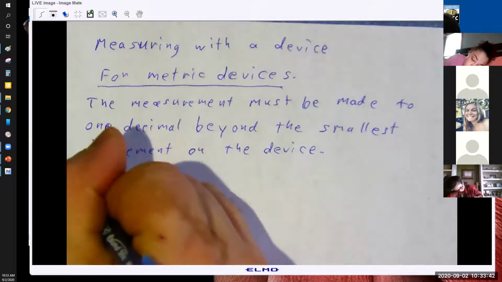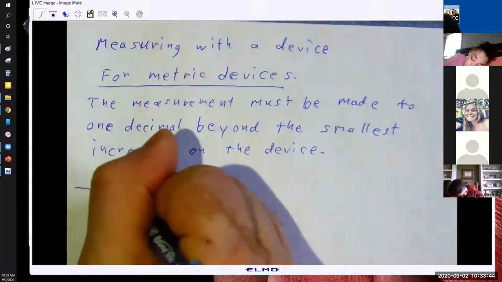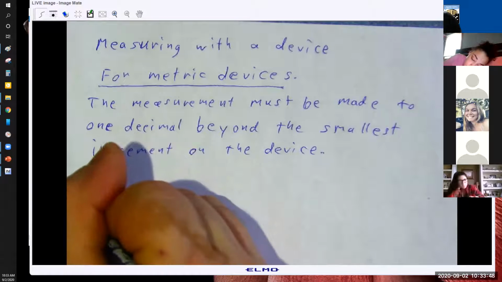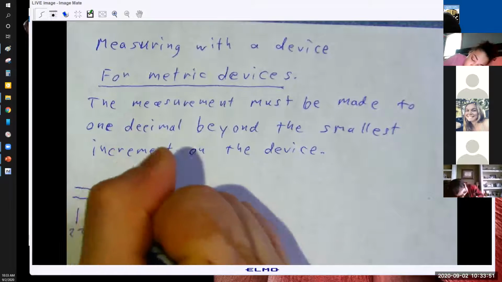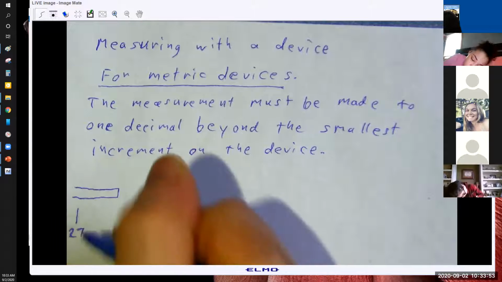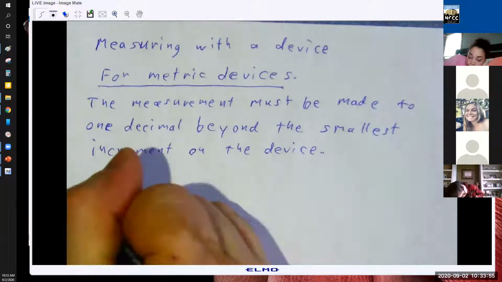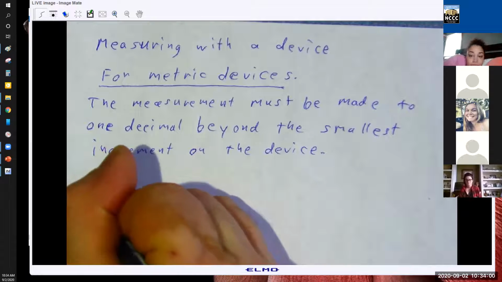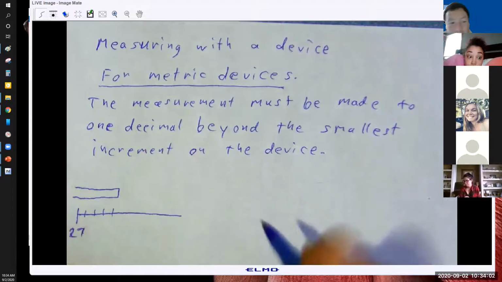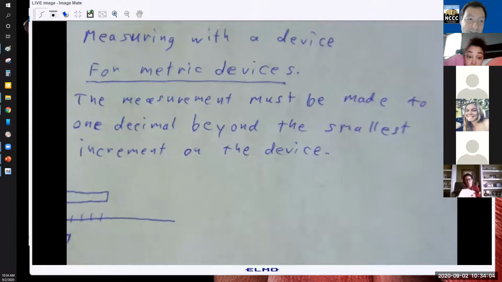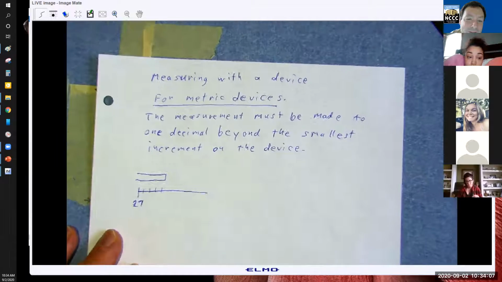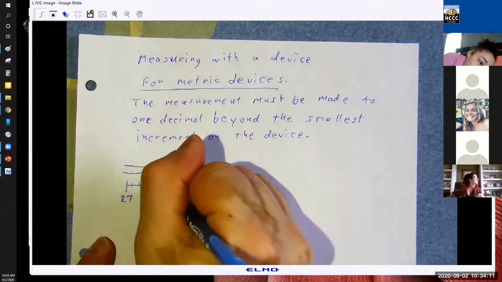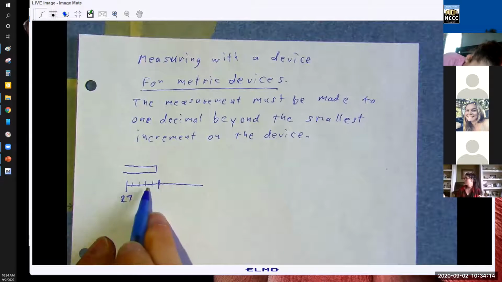So let me draw something out because that ruler is kind of small to see. Say I had some object here, and I have a ruler that I'm using to measure. That's 27. Let me see if I can make some increments. Oh, sorry, I zoomed in. One, two, three, four, five.